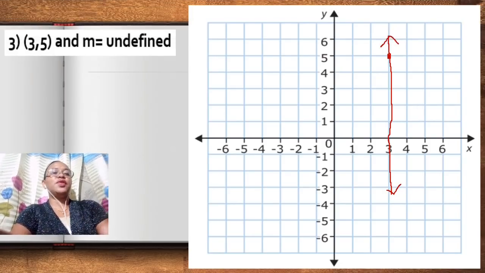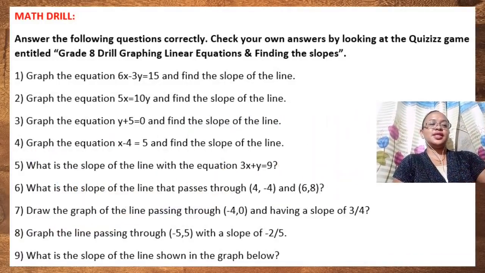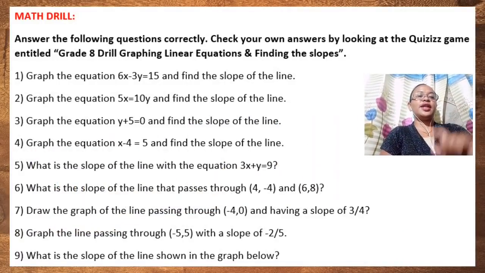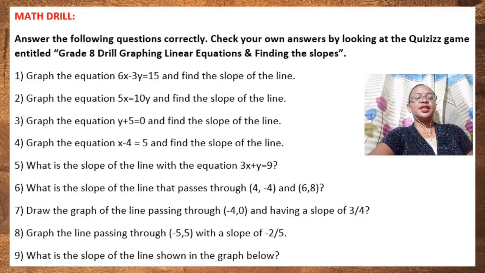So this time, you will now answer a drill. You can answer this drill, and if I have time, I can give the answers during my next videos. Number 1, graph the equation 6x minus 3y equals 15 and find the slope of the line.